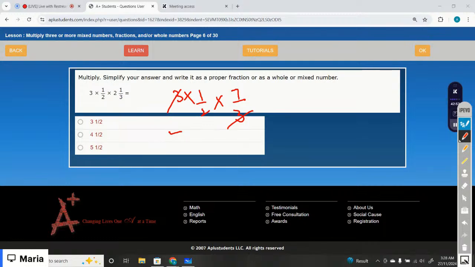The correct option is option number 2. That is 4 whole 1 by 2.